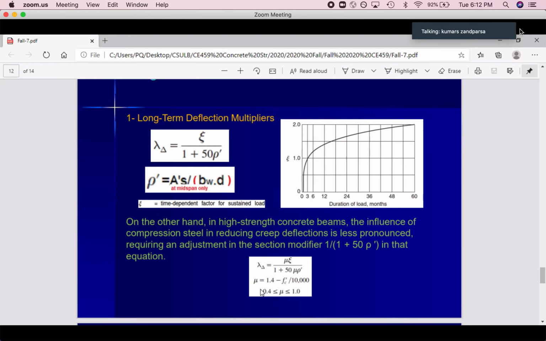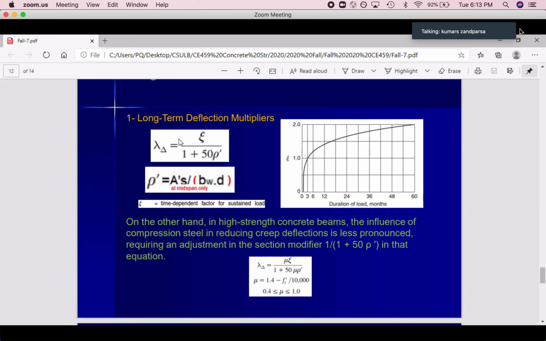How can you calculate that mu? It is 1.4 minus f'c divided by 10,000, where f'c should be in psi. 4,000 psi divided by 10,000 means 0.4. 1.4 minus 0.4 means 1. 1 times this, you will get this equation. So if your f'c is equal to 4,000 psi, this is the same equation as the previous one.